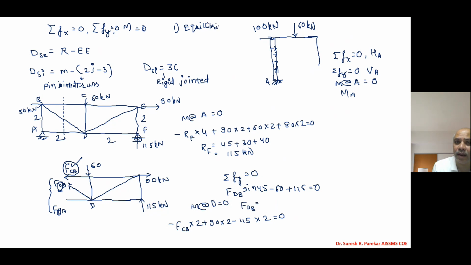Problems will come on this. Second and third are with trusses. In these, we mainly have to find the forces in the members, and keep in mind forces in members. If you cannot find them by the section method, then you can use the joint method, but it will take time.